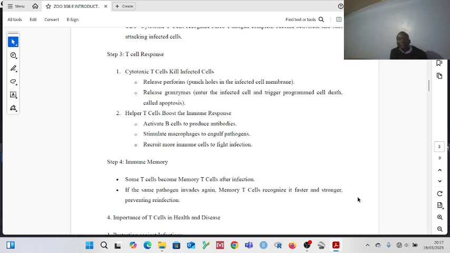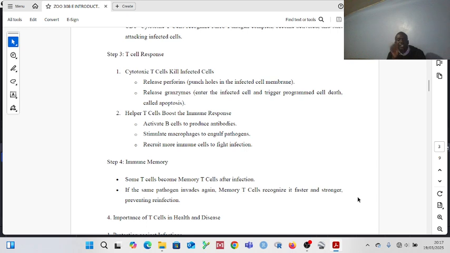So if the same pathogen invades again, the memory T cells will recognize it. Okay, so once they recognize it, then they mobilize a stronger immune mechanism so that it can prevent reinfection.